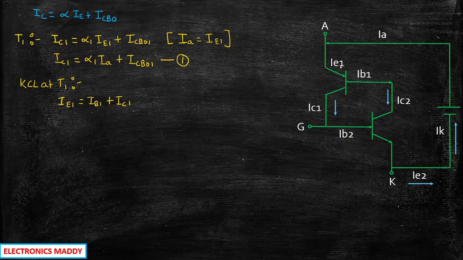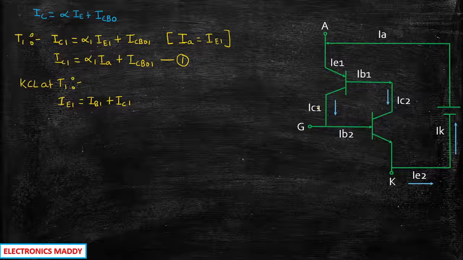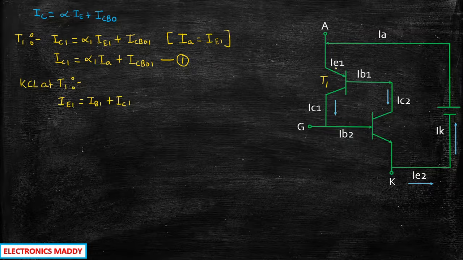So IE1 is equal to IB1 plus IC1. But from the figure, can we write IB1 is equal to IC2?